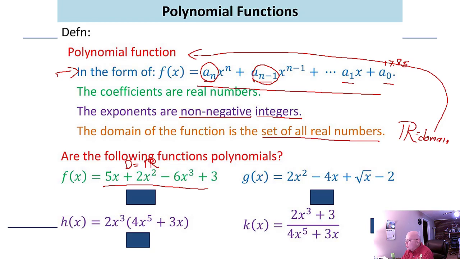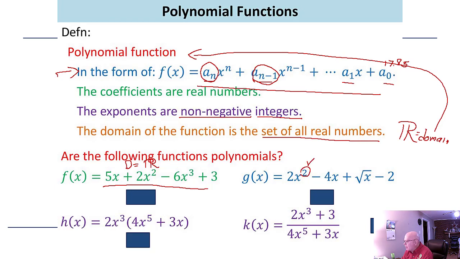Let's go over here to G. G is another function. Remember, G just means that's the name of the function. So we've got 2, we've got 4, we've got 1, and we've got a -2. So it passes one test. All the coefficients are real numbers, but the exponents are not all integers. The exponent here is a 2.